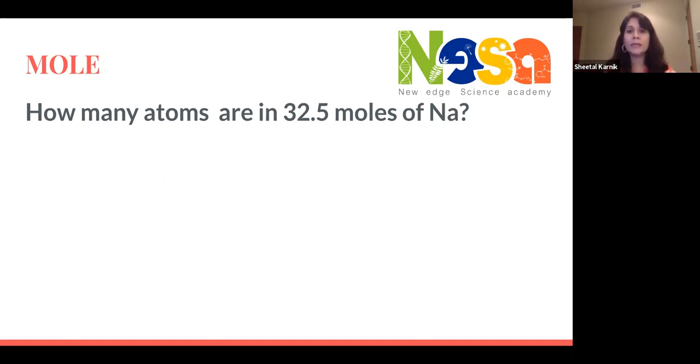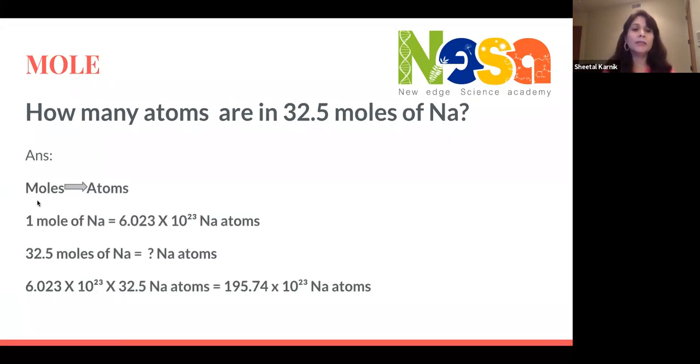In this case, they are giving me the number of moles of sodium and asking me the number of atoms of sodium. So my first step would be to put down what is given and which direction I am going. As you can see, I'm starting with moles and going in the direction of atoms.